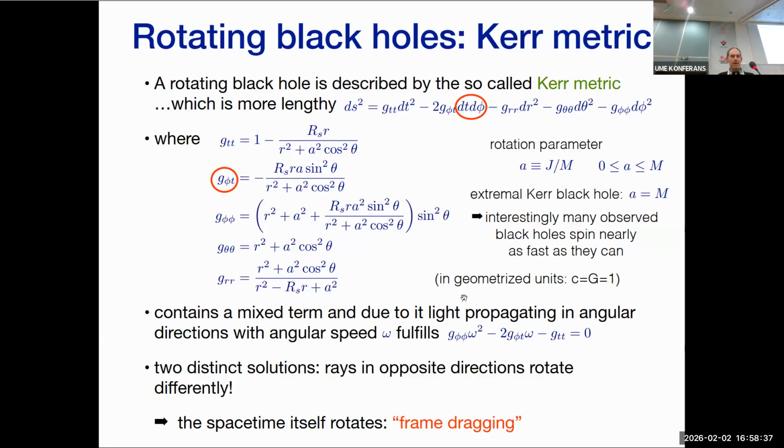It's not static, but the space-time around that object rotates with it. And the closer you are to the object, the more it rotates. As you go to infinity, it's slower and slower, but as you go to the surface of an extremal black hole, it will basically rotate with the speed of light. Right, and this effect is called frame dragging.